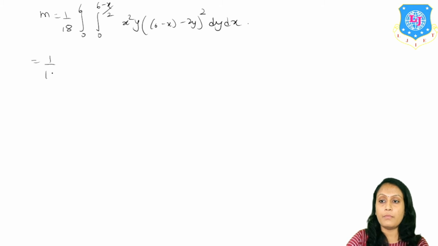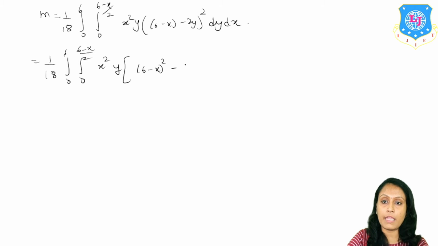This x square as it is, this y as it is. First we'll apply the (a minus b) whole square formula. So we'll get (6 minus x) whole square minus 2 into 2, so 4y into (6 minus x) plus 4y square, dy dx. Now we will multiply this inside.